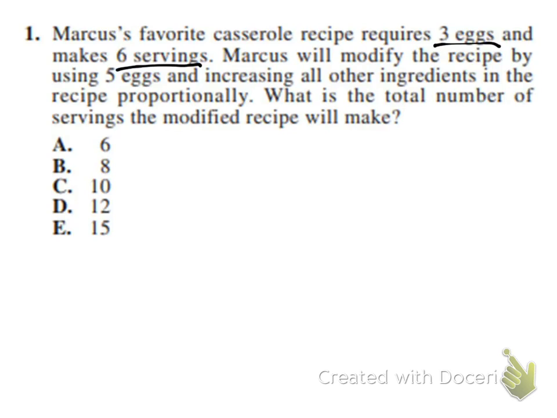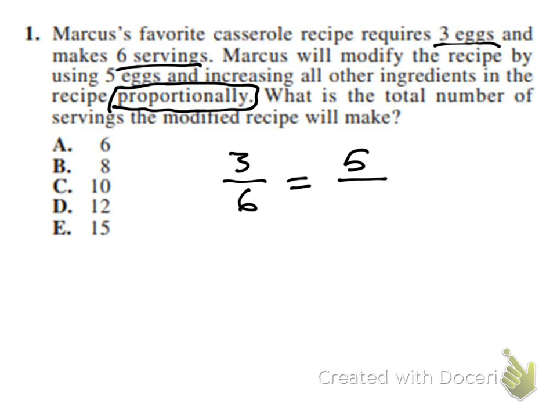Proportionally tells us that 3 is to 6 as 5 is to the number of servings. That's a pretty easy question: 3 gives us 6 servings, and 5 will give us 10 servings. You could cross multiply and go through the whole gamut there to get that, but this is a pretty common sense question that we can work.